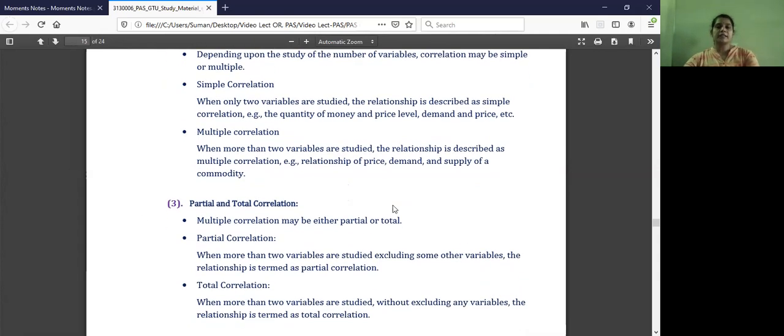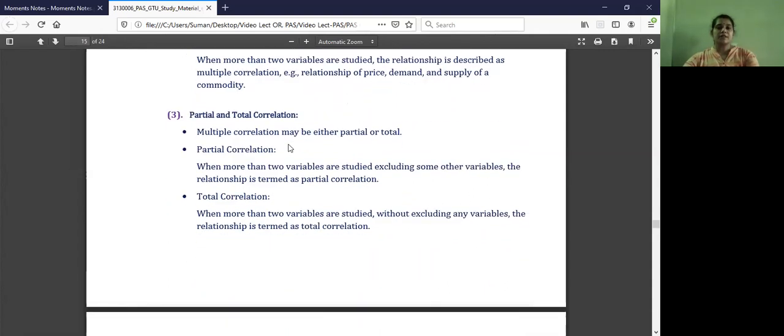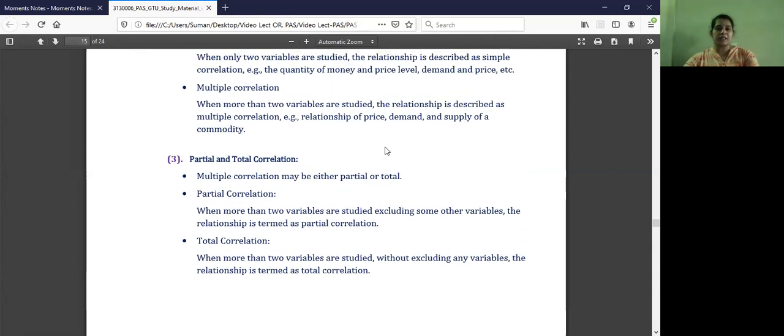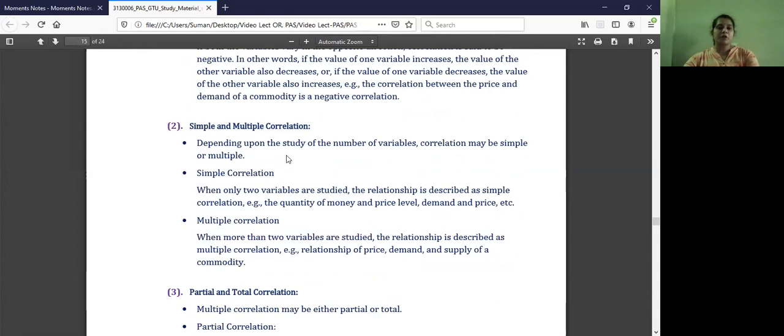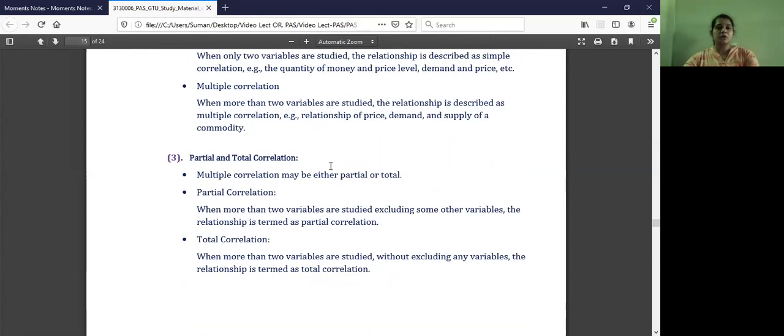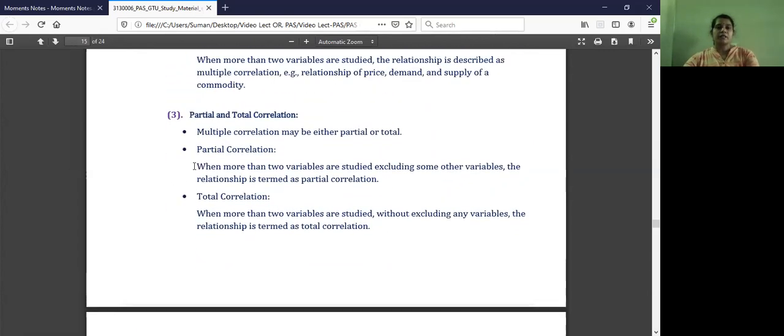Okay. The third type is partial and total correlation. Multiple correlation may be either partial or total. That means partial and total correlation depend on multiple correlations. So number one is partial correlation.